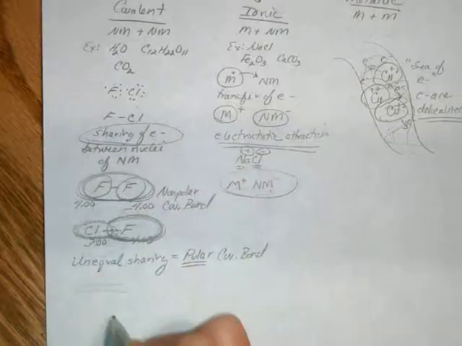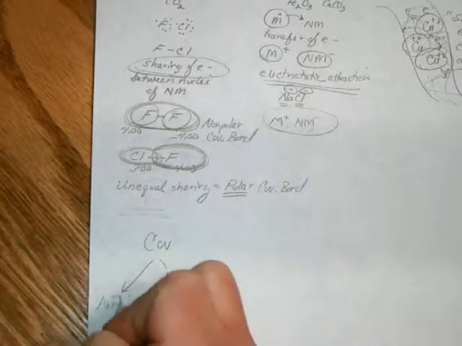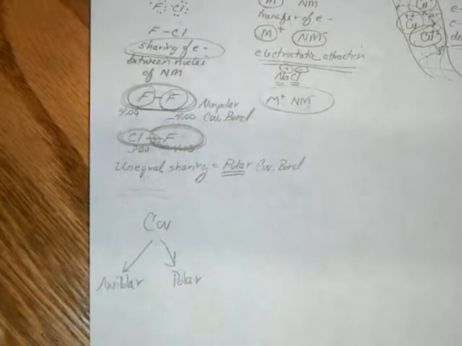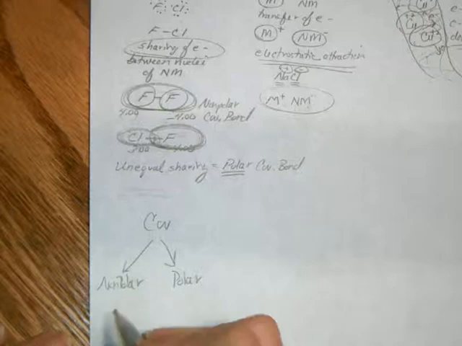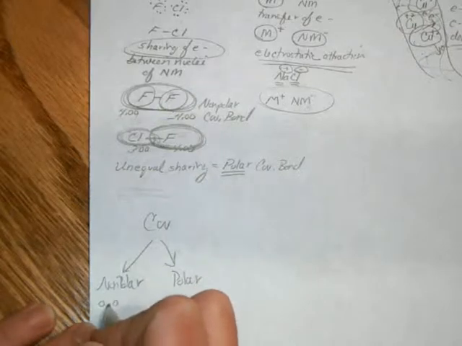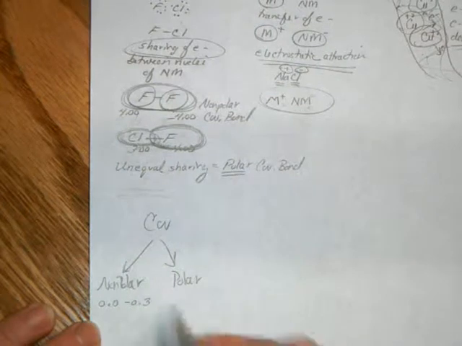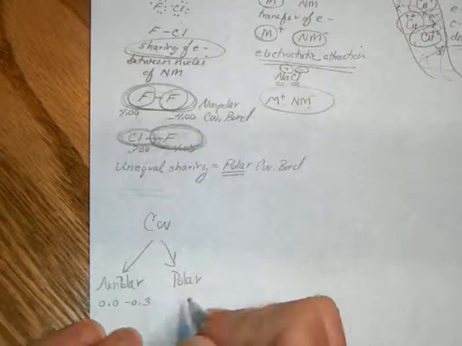So, of our covalent bond, there's actually 2 more branches where you would be polar versus nonpolar. Now, as far as electronegativity differences go, if our elements have a difference in electronegativity of 0.0 up to 0.3, then it's nonpolar.